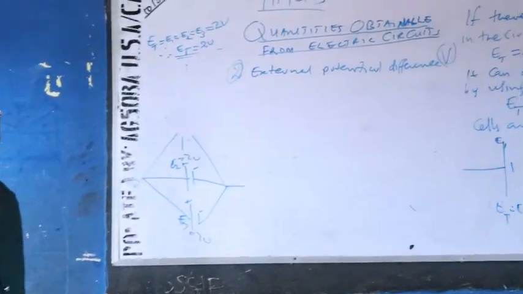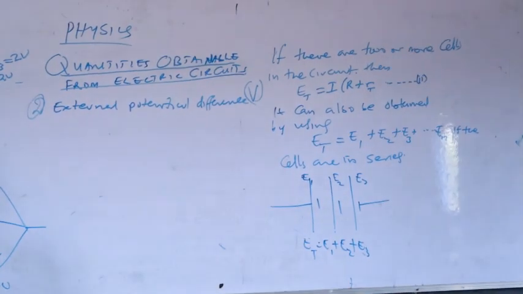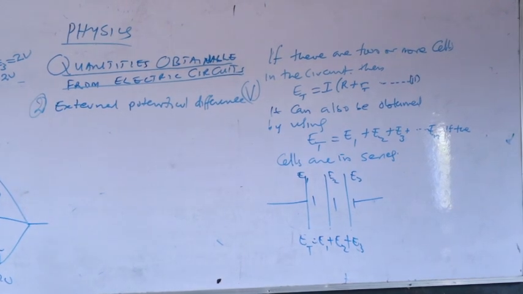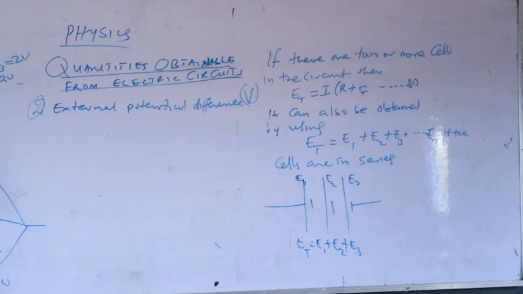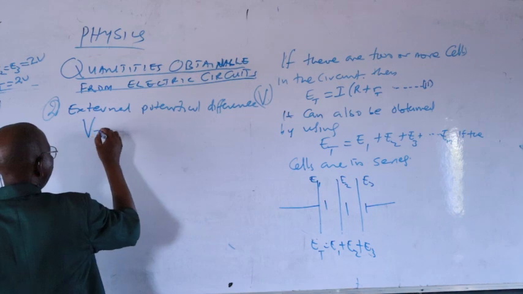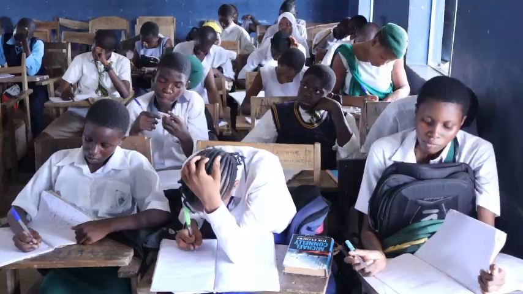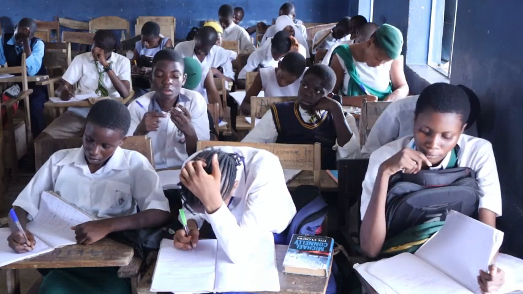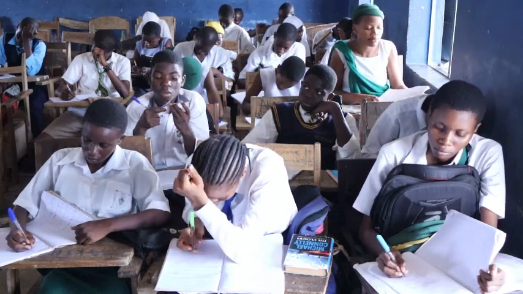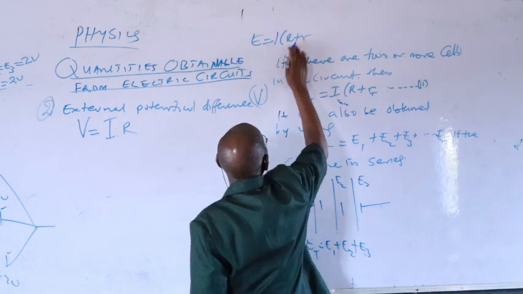According to Ohm's law, the external potential difference V can be expressed as the product of external resistance and the current, V equals IR. From the definition given here, you can say E equals I(R + r).